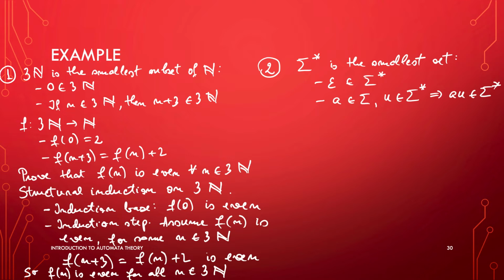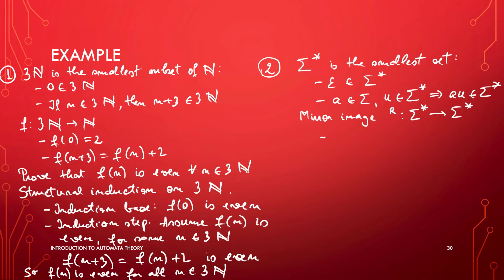And the other thing was that we had this mirror image function defined. This was a function defined on sigma star with values in sigma star. This was also an inductive definition of this function following the inductive structure of sigma star.